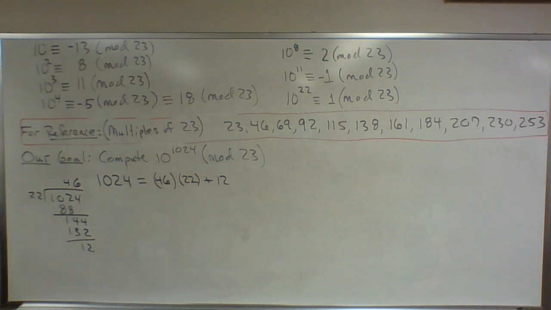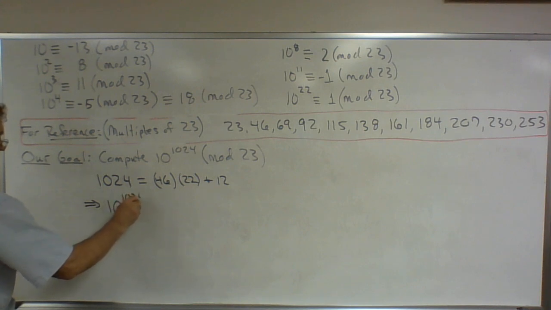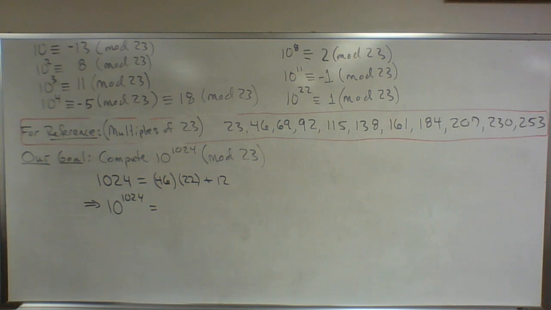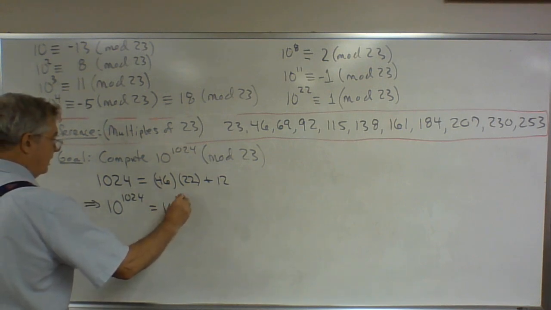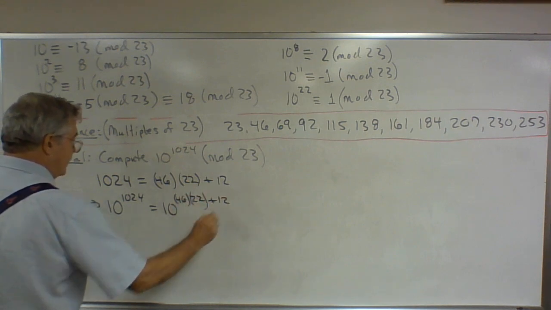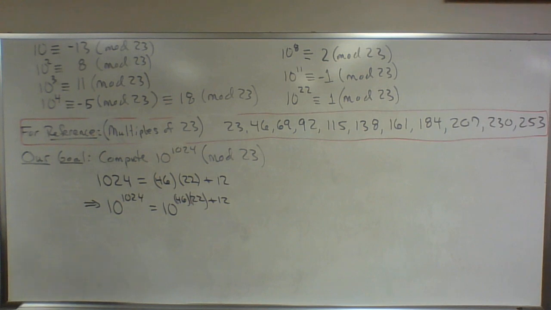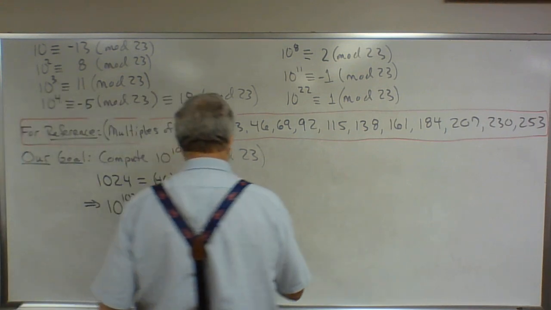And that tells us that 10 to the 1024 is equal to 10 to the 46 times 22 plus 12. We have 10 raised to the sum of 2 exponents.